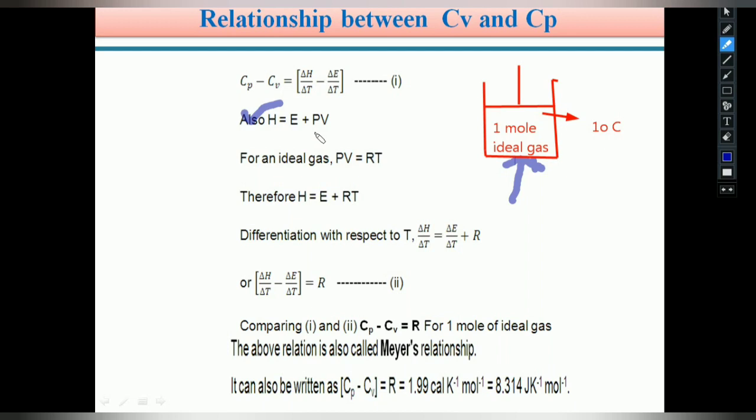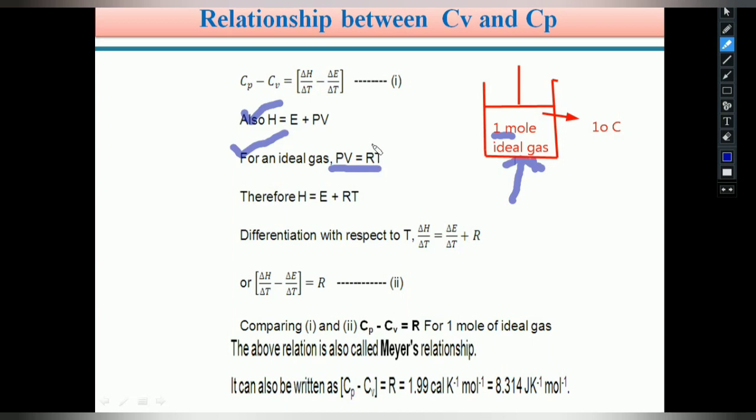And you know the ideal gas equation, PV equals nRT. Here we are taking 1 mole, therefore PV equals 1 RT, or PV equals RT.